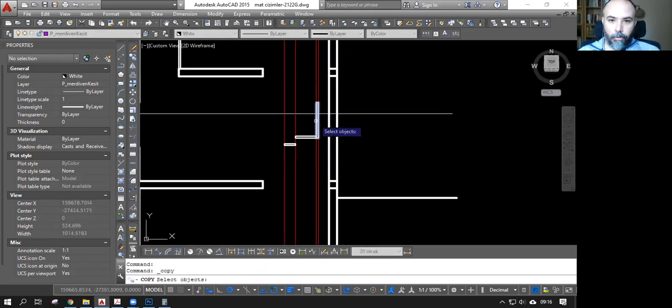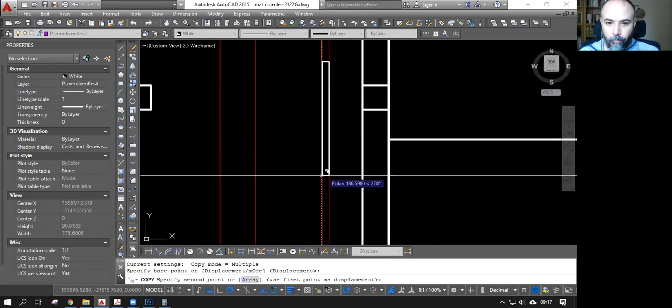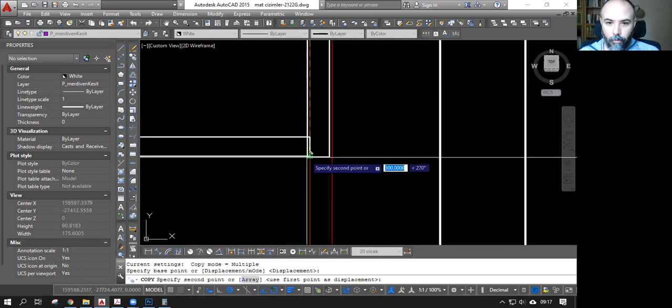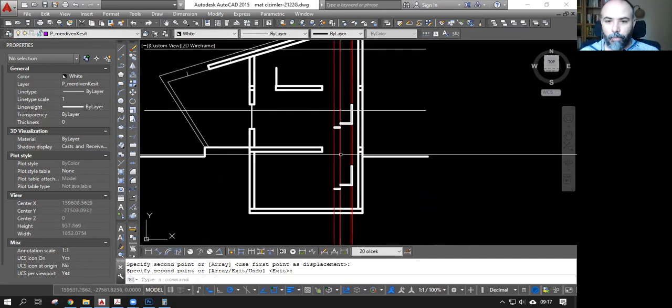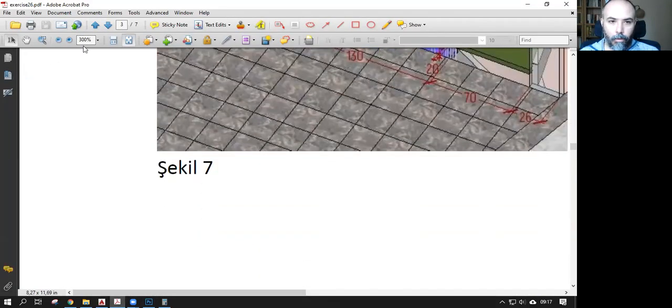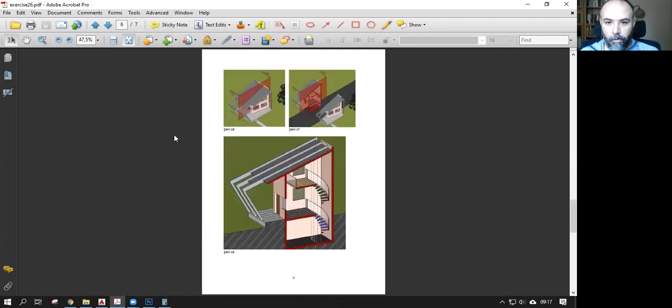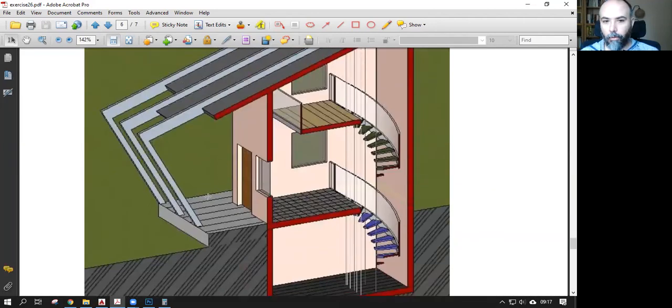I will copy the same one more time. And yeah, these are the cut surfaces of the A-A section here. And now we can draw everything what we see when we look towards the north direction.